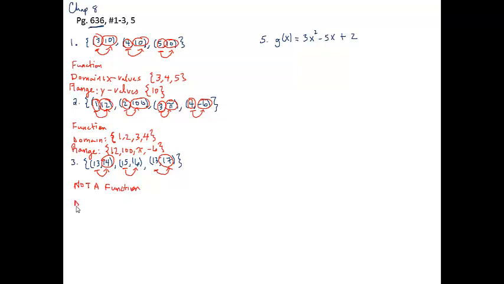But I still can give them the domain and the range. And my pen's not working right now. There we go. Alright, so the domain is a set of x's. So I have 13, 15, 13. So I'm just going to write 13, comma, 15. And my range is a set of all my y's. So I have 14, 16, 17.